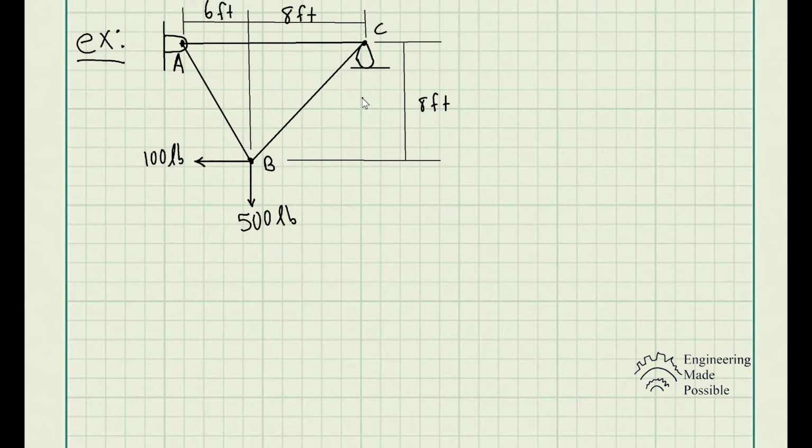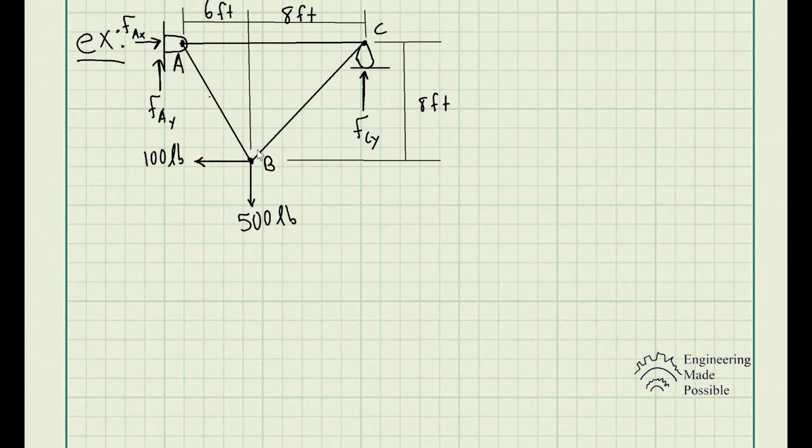So the first step is to basically get your reaction forces. In this case, a reaction force for a rocker is vertical, so we're going to say F_C in the Y direction. And for the hinge, we have both a vertical and a horizontal, so F_Ay and F_Ax.